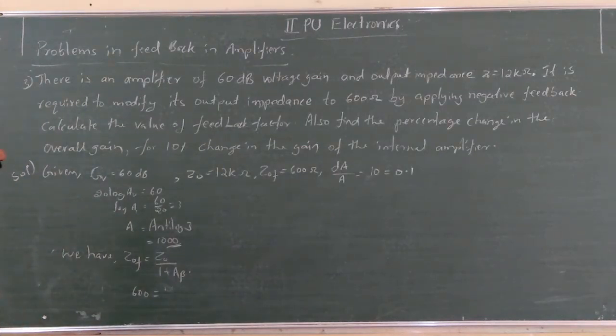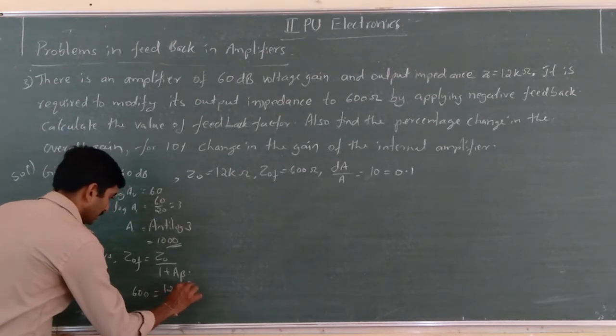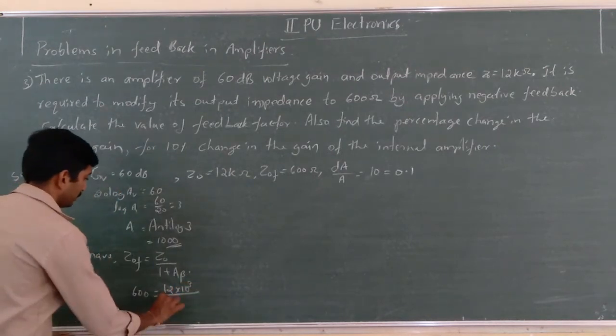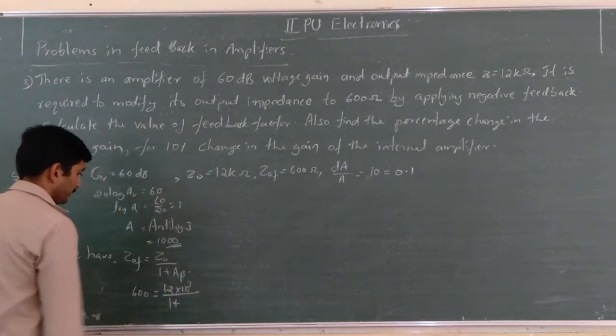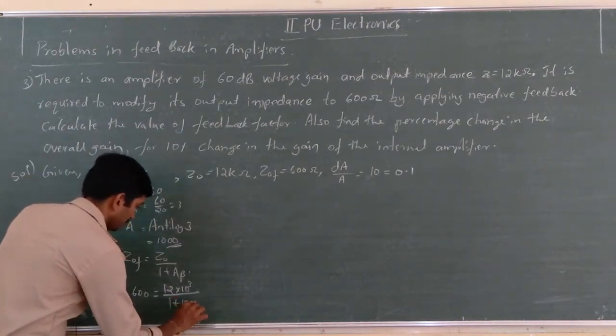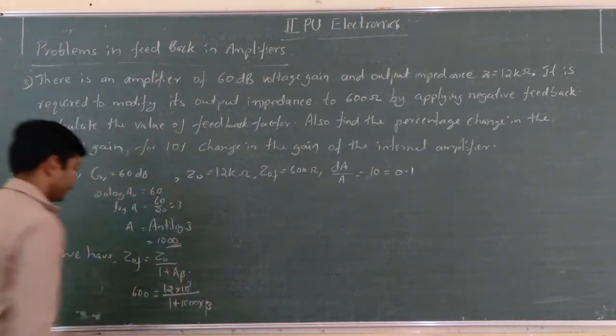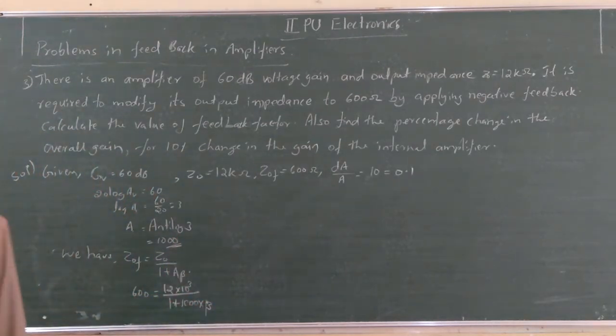Z0 is 12 kilo ohm divided by 1 plus A beta, A is 1000, beta is unknown. So, in this calculation you will get the value of beta.